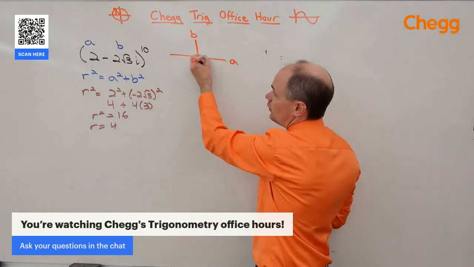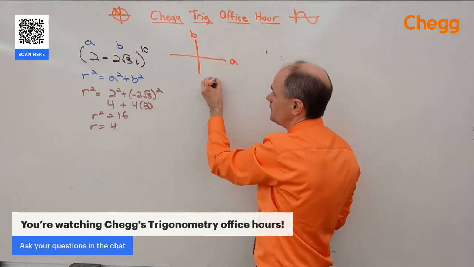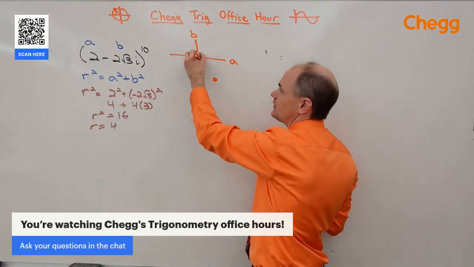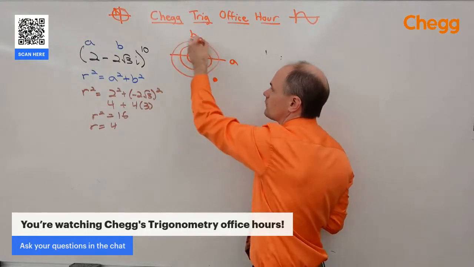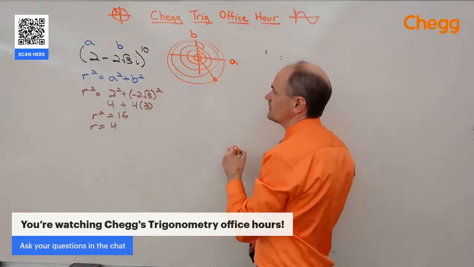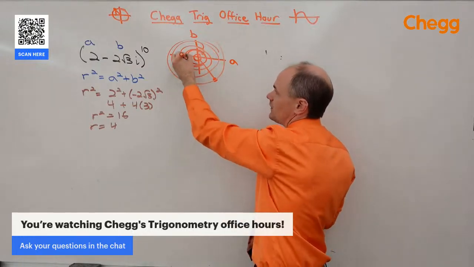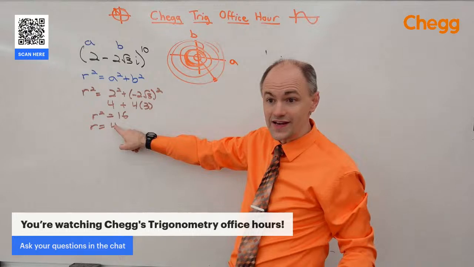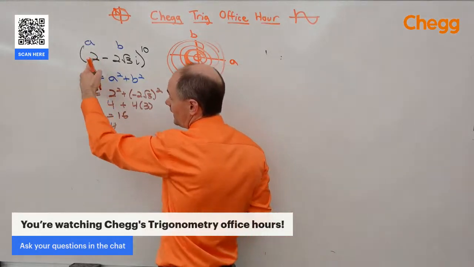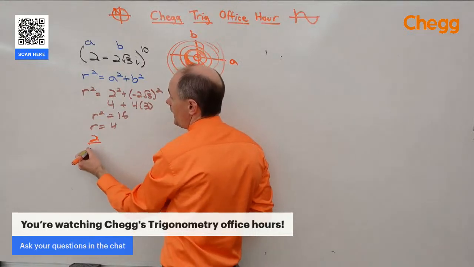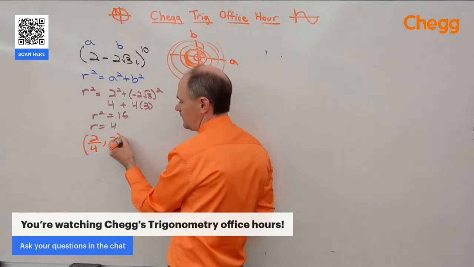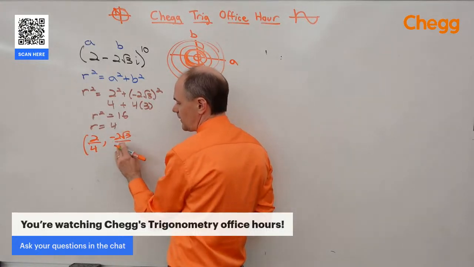So I'm saying we're going to go over 2 and down 2 root 3. And that point is going to be represented not in rectangular form, but in polar form. We're going to figure out what is the radius to that point and what is the angle that gives me that point. So we've got the radius. The way we get the angle is we're going to divide the A by the radius, and we'll divide the B by the radius.